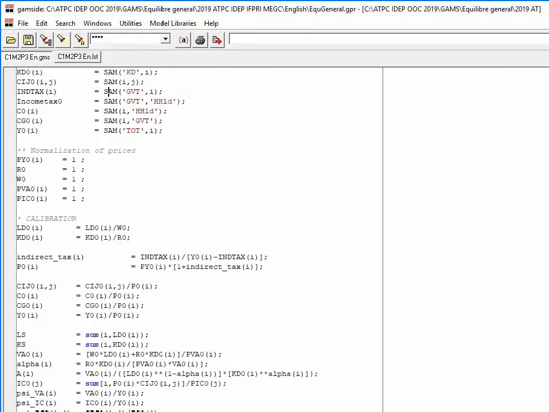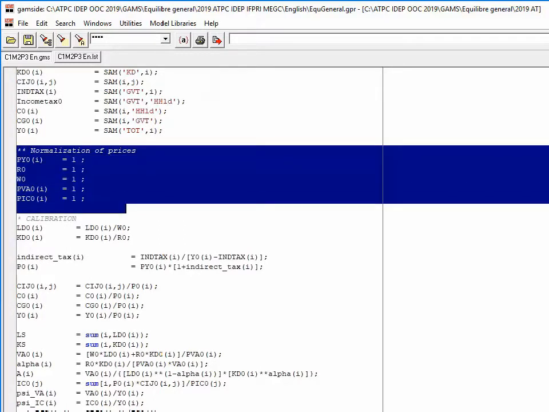Then we normalize prices. Here we must be very careful, because I cannot normalize all prices, because in fact there is a relationship in the model between several prices, in particular the relation that links producer price and consumer price.